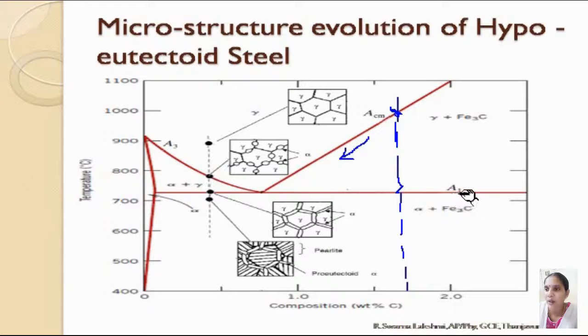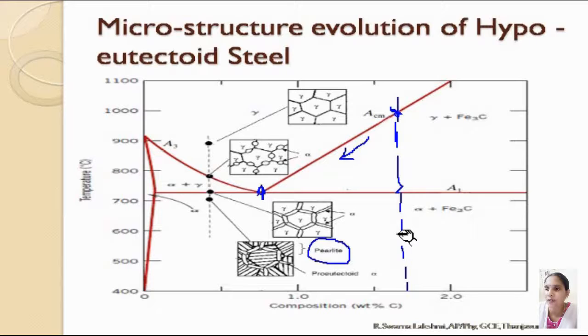Again, once the A1 line, the eutectoid line, is reached, whatever austenite phase is remaining, similar to this, only instead of alpha you will have pro-eutectoid cementite formed along the grain boundaries. Whatever austenite remains will have a eutectoid composition, and hence it will undergo eutectoid reaction to be transformed into pearlite.